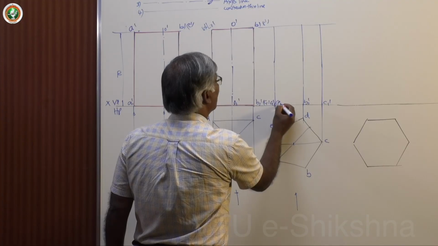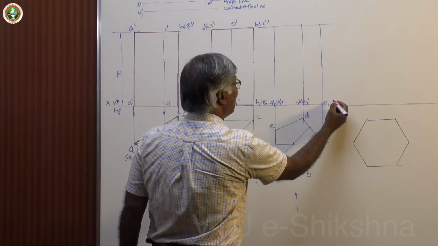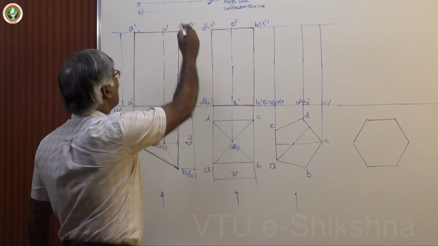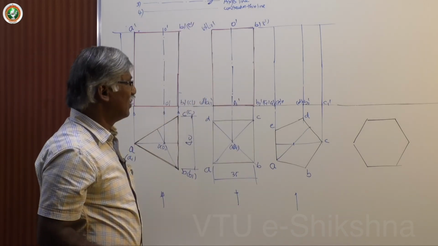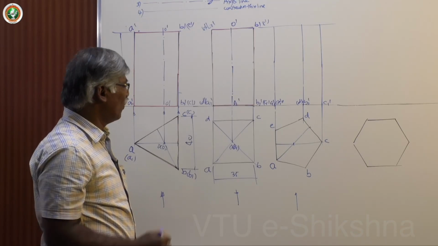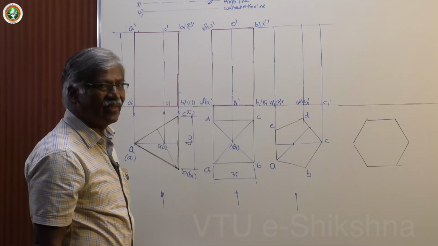Then E1 dash, D1 dash not visible, C1 dash. Still we haven't got the opportunity to mark this. I don't think I will get the opportunity to do that. I will take the different one.